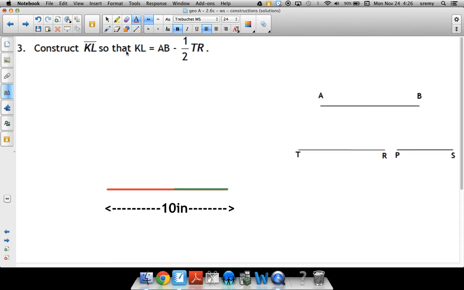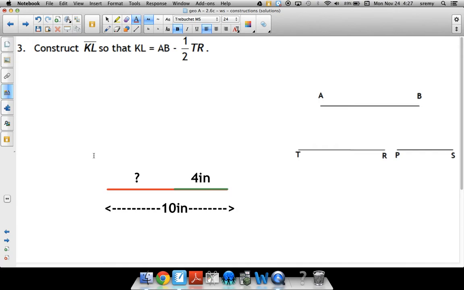Say the entire thing was 10 inches. And this green segment, let's say that that was 4 inches. If you were asked to find the length of the red, you would do 10 inches minus 4 inches.